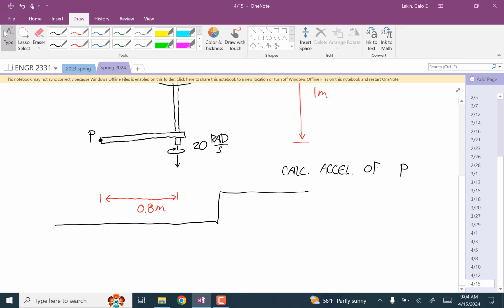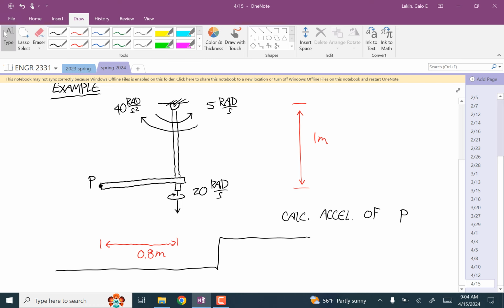Okay, so the first question you should ask yourself when you see multiple bodies like this, where one body is riding the other body, is to identify which one is the base body and which one is riding the other one.